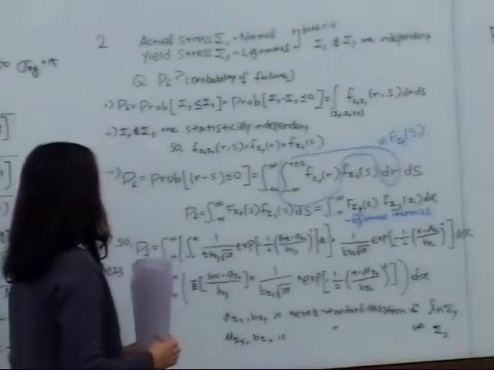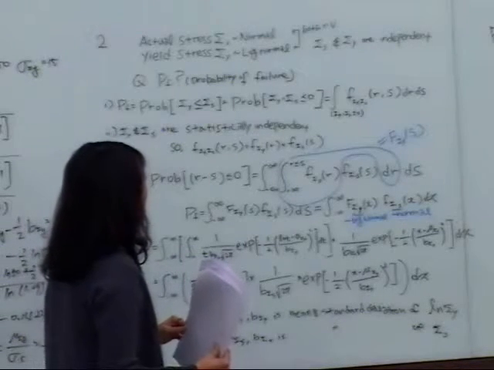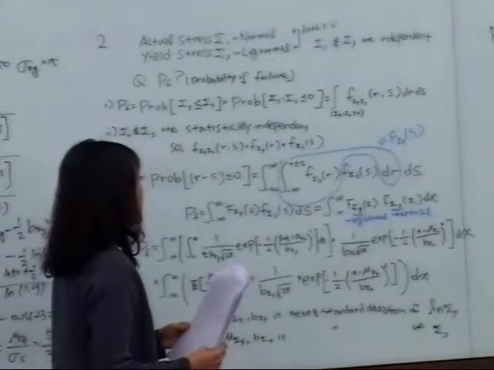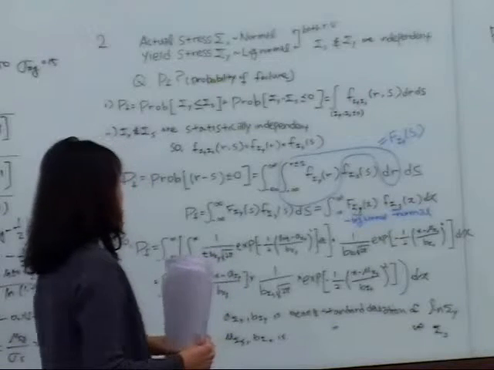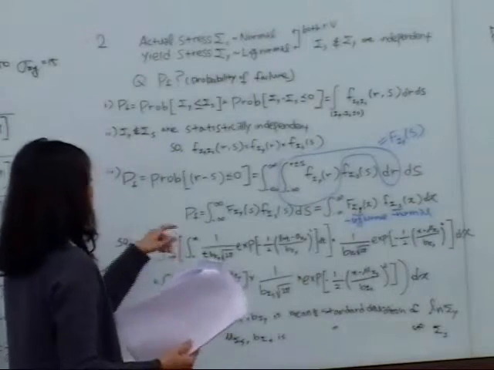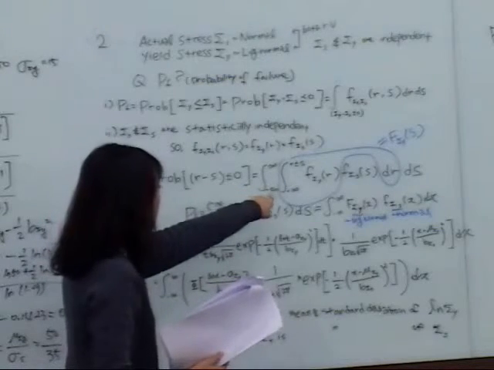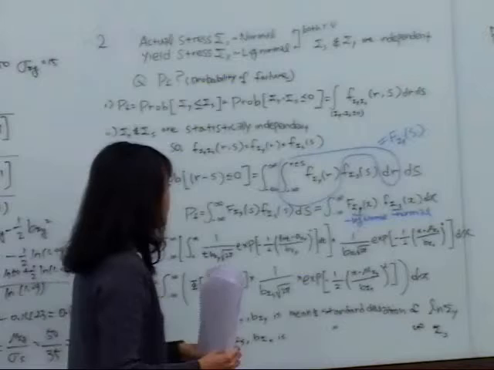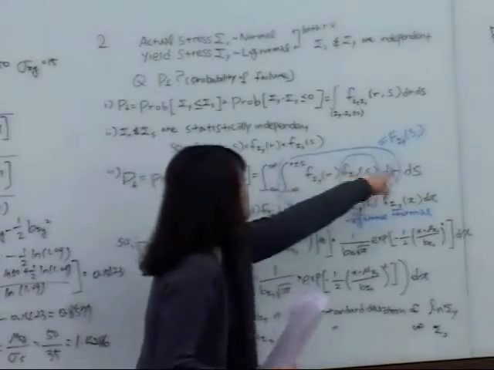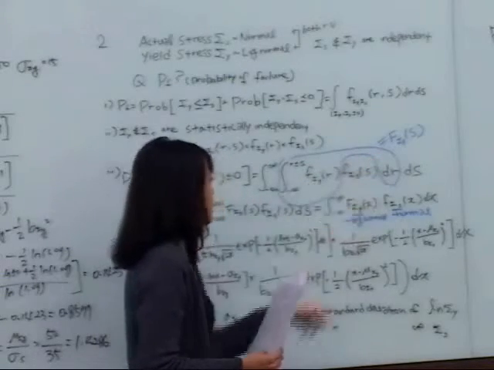In this case, actual stress and yield stress are statistically independent, so we can express f of sigma y, sigma s as f sigma y times f sigma s. By doing so, we can calculate the PF easily. PF is equal to the double integral of f sigma y times f sigma s, and this part is equal to large F sigma y.